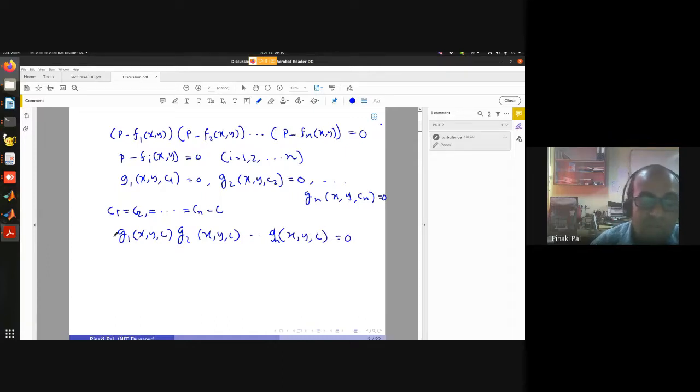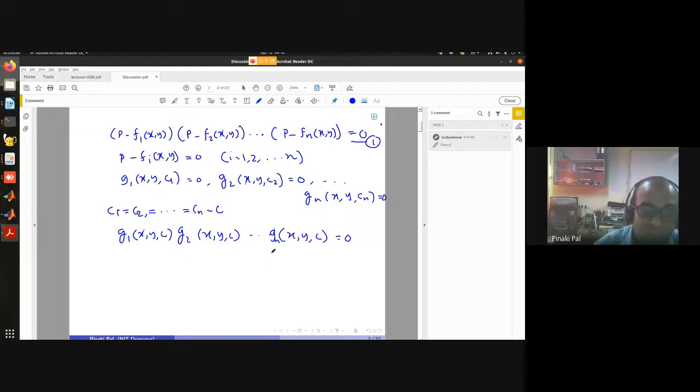Now why are we taking this type of solution? What is the meaning of solution? This is an implicit solution. It is basically a relation between the independent and dependent variables which will satisfy the differential equation 1.